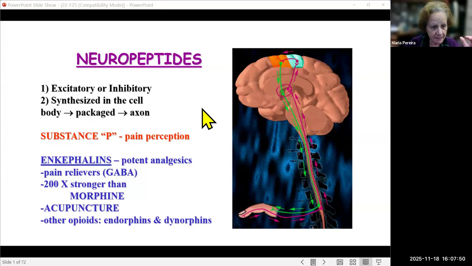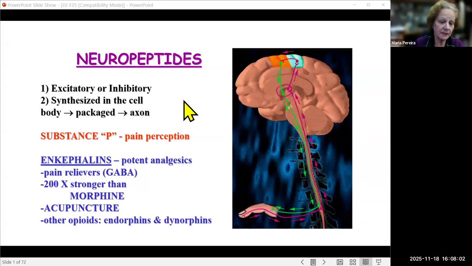It goes from the resting membrane potential, which is minus 70, to becoming hyperpolarized, can go to minus 80. And therefore, it's much harder to depolarize. Or they can be excitatory. If they open sodium channels, then sodium rushes in, and the resting membrane potential now goes up, and it becomes depolarized.